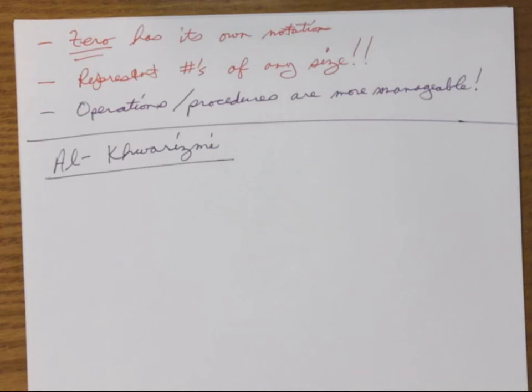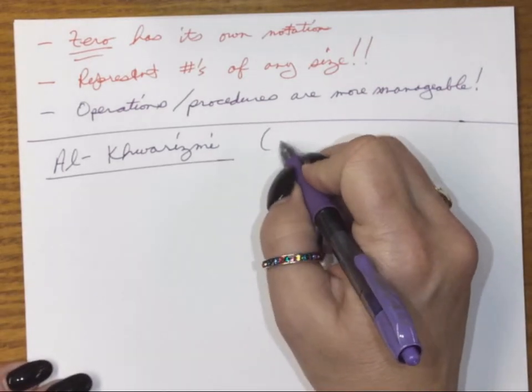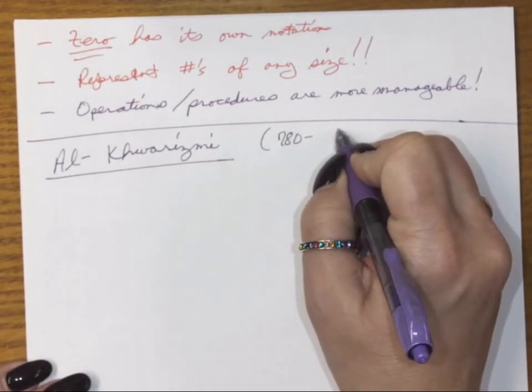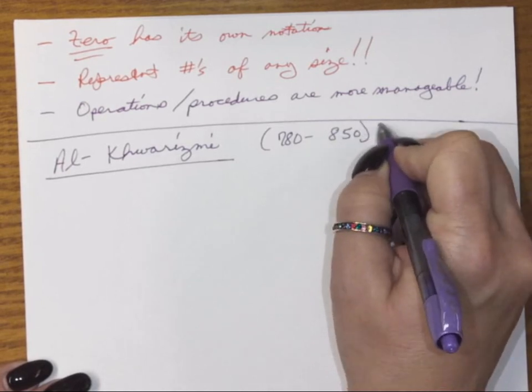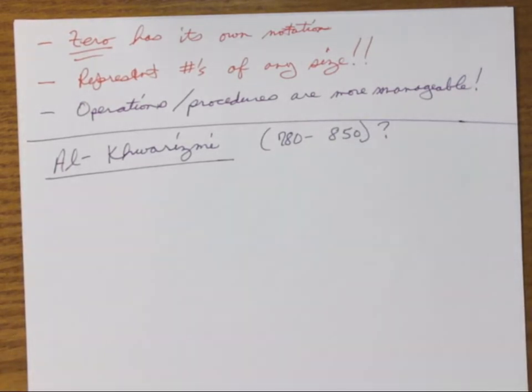Al-Khwarizmi. That's the way I was taught to spell it, but I've seen it with O's. I've seen it without the H's. I've seen all kinds of different things. So that's the way I'm going to spell it for right now. If you see it slightly different on a test, again, I apologize because it's just not that big of a deal as far as I'm concerned, exactly how he spells it. But there are lots of different ways.